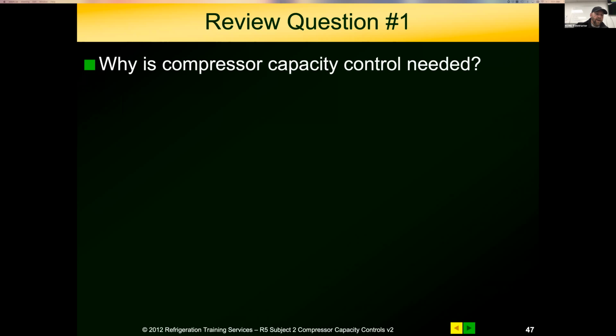If that's all you got from my class today, great. You can go back online and review my class, and you can get a little bit more every time you watch it. But those are the big touch points I want you to get today. Let's start looking at our compression ratios on self-contained ice machines, parallel rack systems, whatever. Let's start looking at our discharge temperatures, because that's going to cause black oil breakdown.